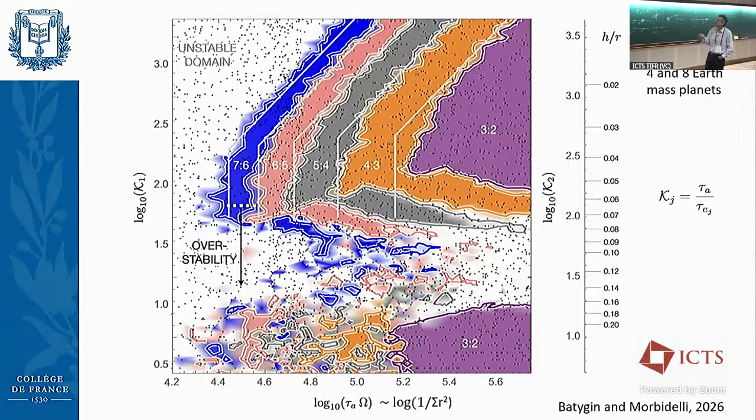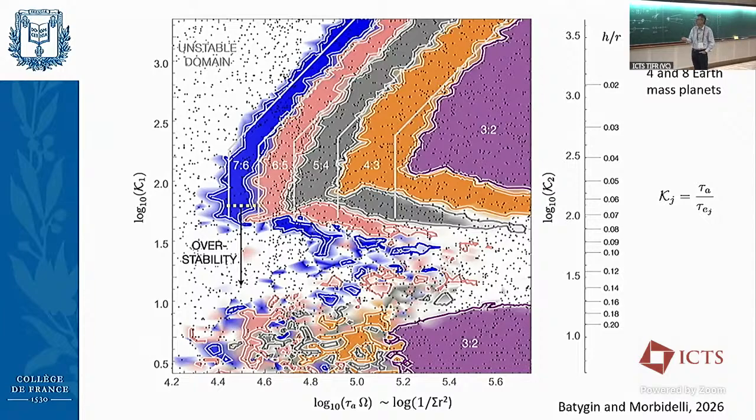So to be captured in 7:6 and not in all previous resonances that have been encountered, you need that this number, the migration time scale normalized to the orbital period, is very small. And this product, given the migration formula I gave yesterday, is inversely proportional to the surface density of the disk times r squared. Surface density of the disk decays like 1/r, 1/square root of r, or something like that.